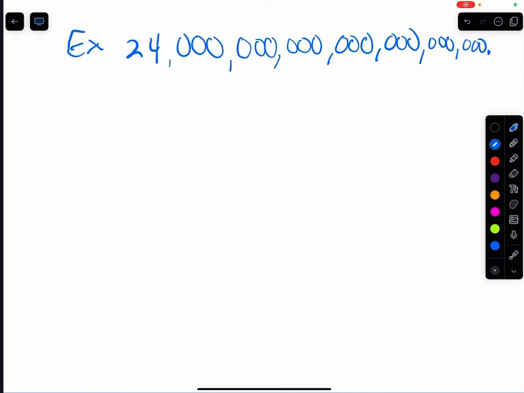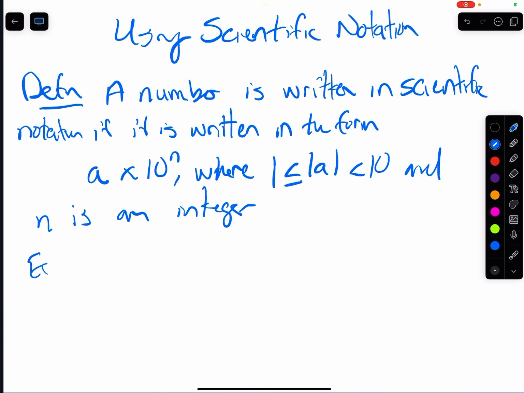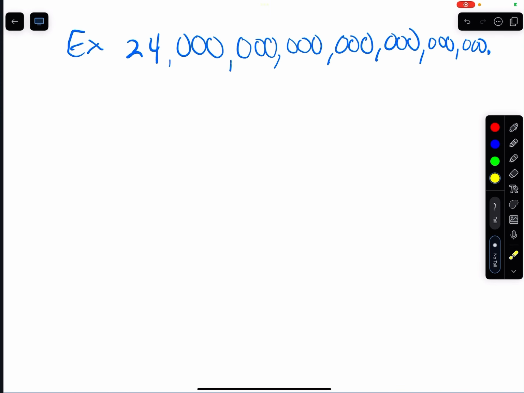And going back for just a second, our a that we're considering has to be between 1 and 10. So the only way to do that is to get the decimal place right here. So we need to move the decimal this way, all of those spaces.